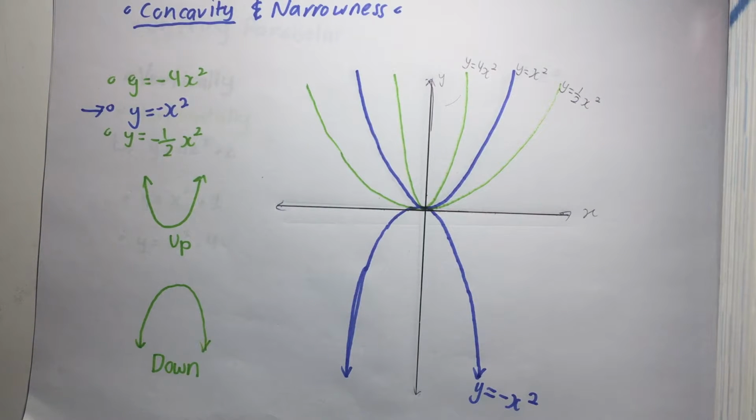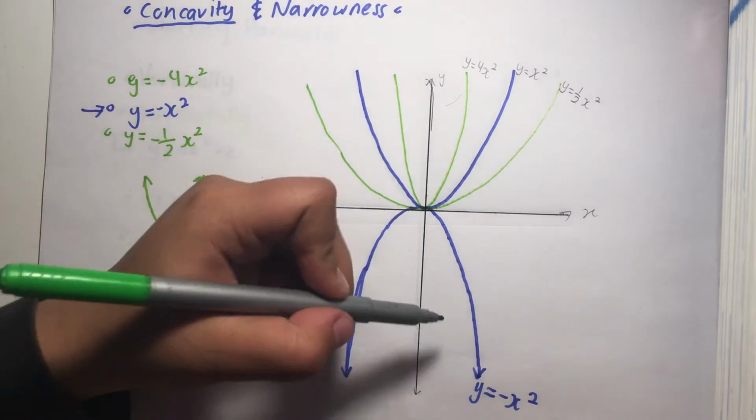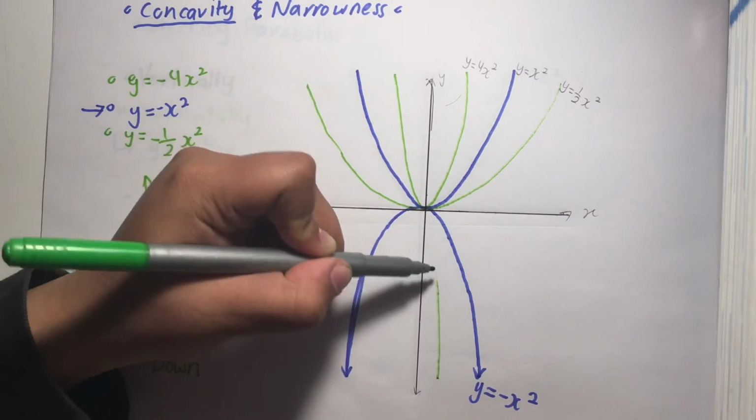And if we change the equation of y is equal to 4x squared to y is equal to negative 4x squared, then the narrowness will still be the same, but the concavity will change. So it will look like this.